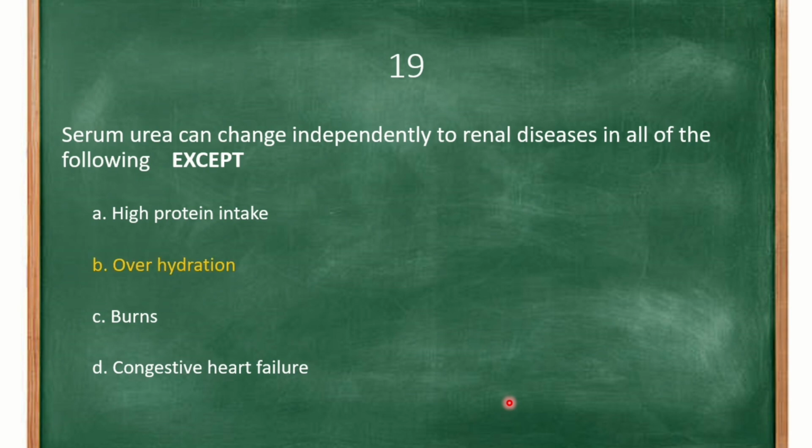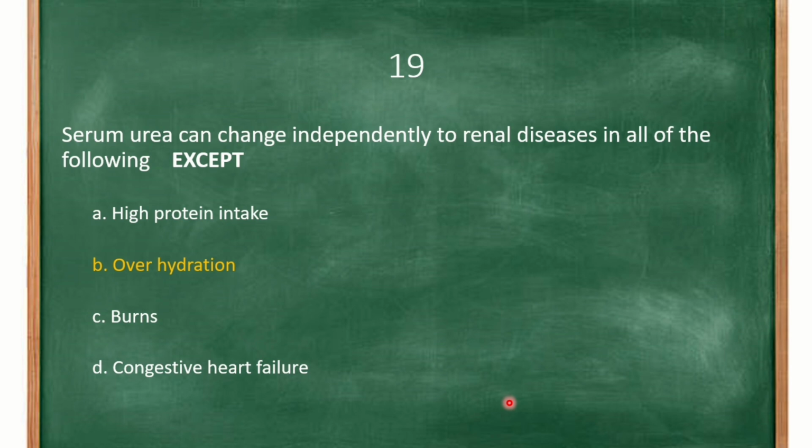And we say that the answer for this is B, overhydration. So high protein intake, that's the first one. It increases serum urea levels because urea is a byproduct of protein metabolism. So consuming a high protein diet can elevate urea levels as protein is broken down in the liver.